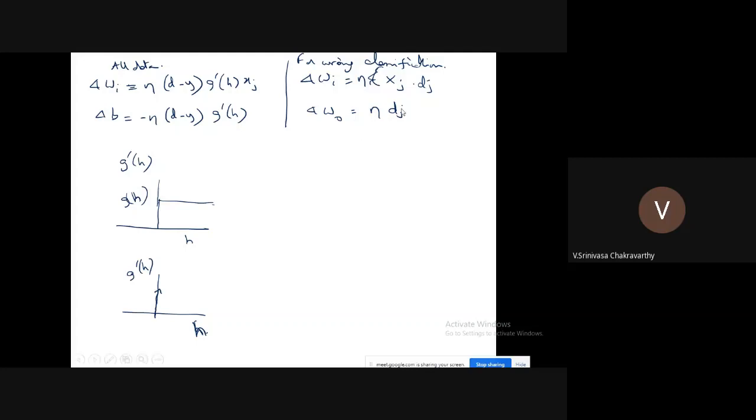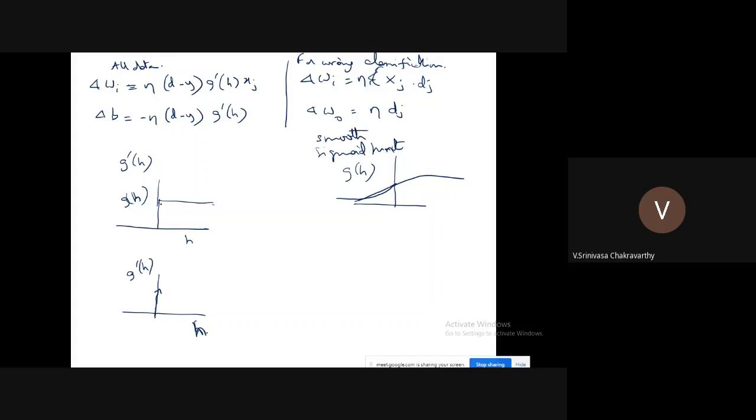So in practice, what we will do is we use a smoother version of G, which looks something like this. So this is G of X. This is called a sigmoid function, or more precisely, a smooth sigmoid function.